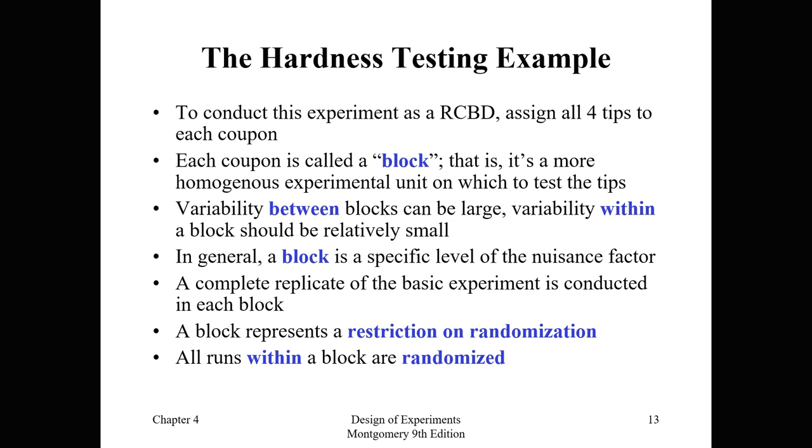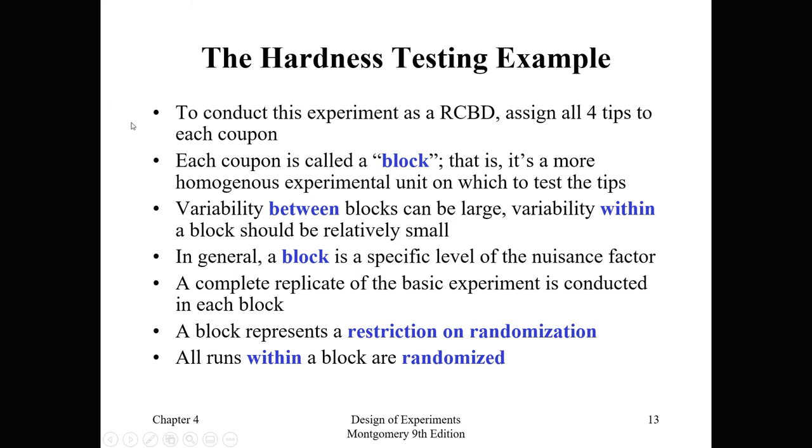So thinking about this, again, the coupon, and if you can picture it yourself, picture a little slot on the top left, top right, bottom left, bottom right, where we're going to be trying this out. So if you can picture this slot, we've got this little circle of metal, top left, top right, bottom right. We can randomly assign which of the tips are going to go into each of these points, but I can't take this little point on the coupon and randomly assign that point to another coupon.